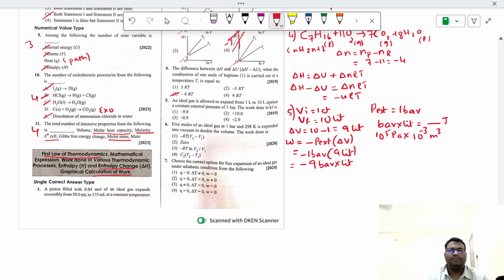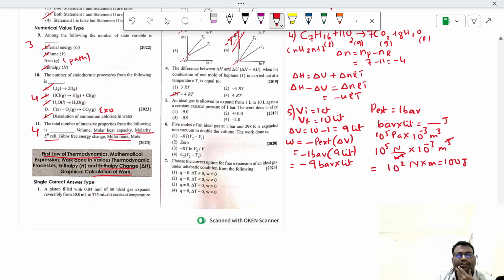Which is equal to 10 power 5 Newton per meter square into 10 power minus 3 meter cube, which is equal to 10 power 2 Newton meter, meter square cancels. This is equal to 100 joule. So 1 bar into liter is equal to 100 joule.